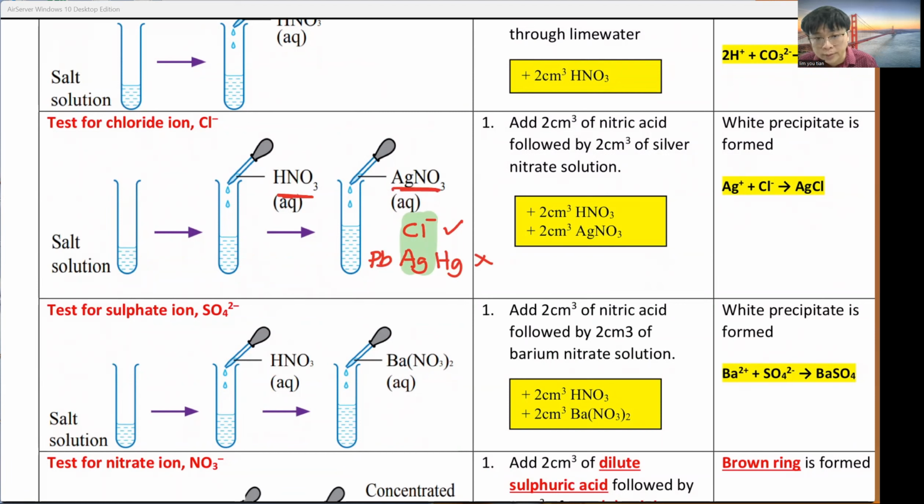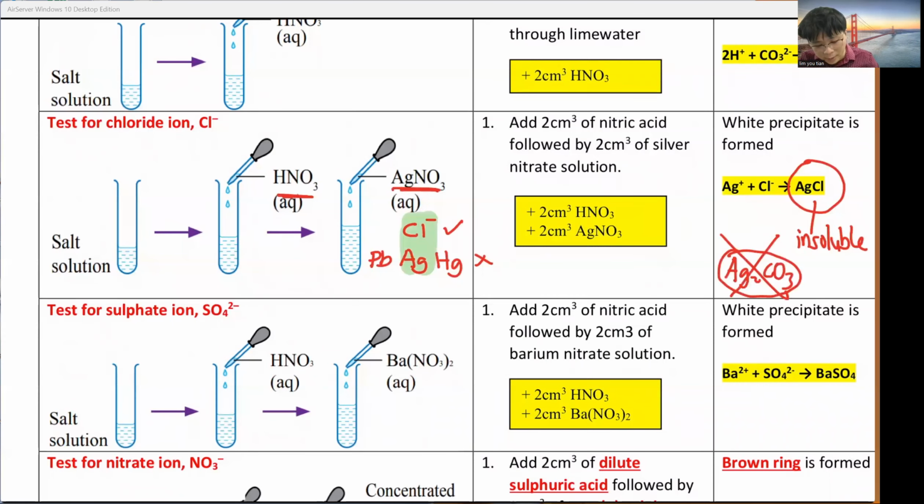Because silver meets with Cl, it becomes an insoluble salt. Before that, you must put the nitric acid first, because Ag carbonate is also insoluble. So the first step, we need to put the acid to make sure inside is not carbonate, because if it is carbonate, it will come out bubbles already.